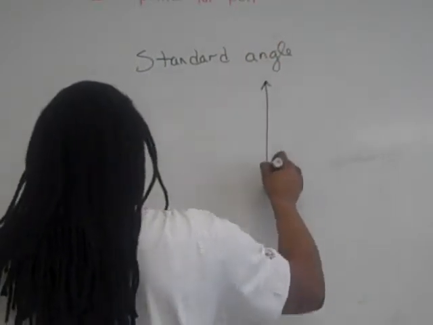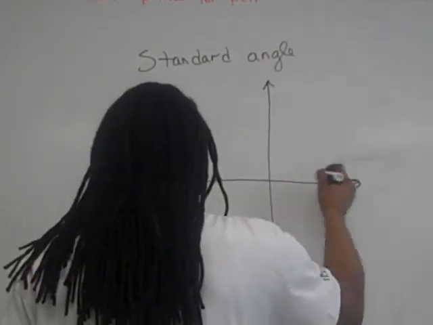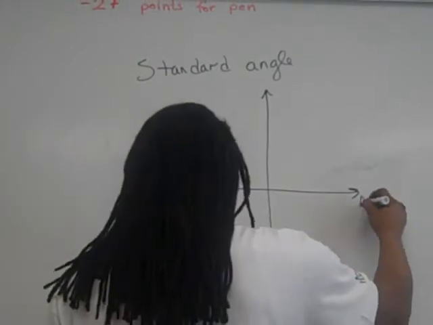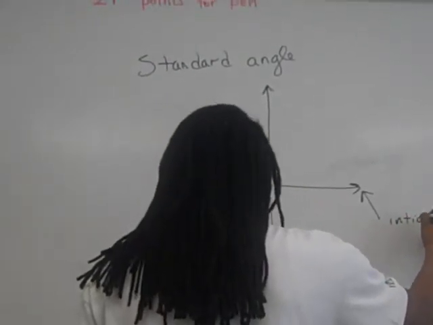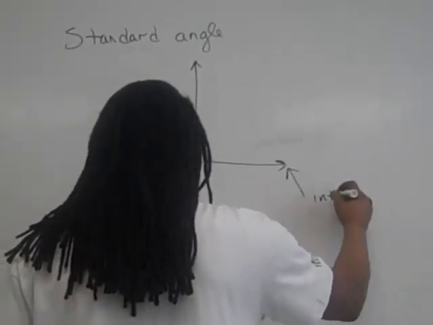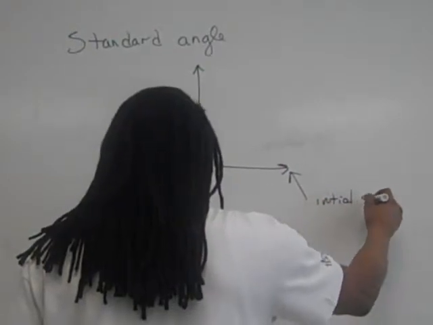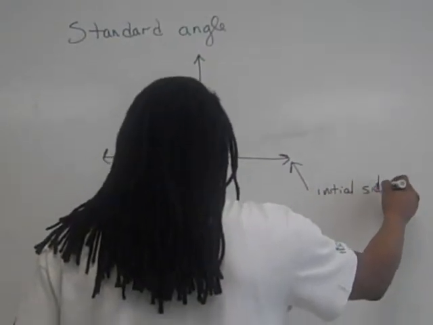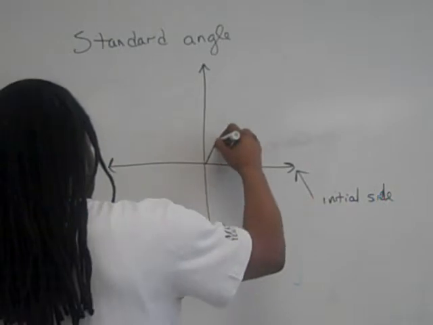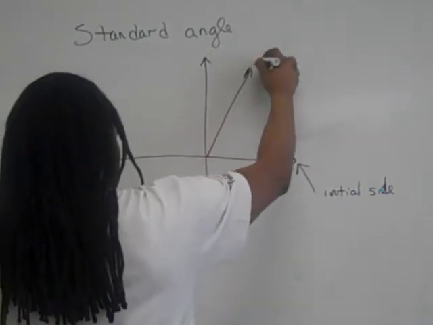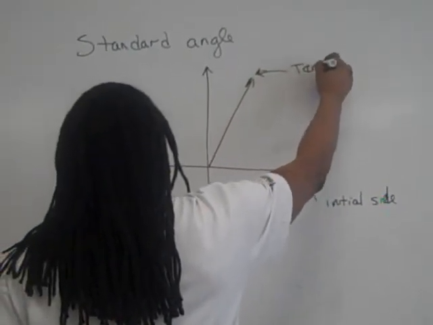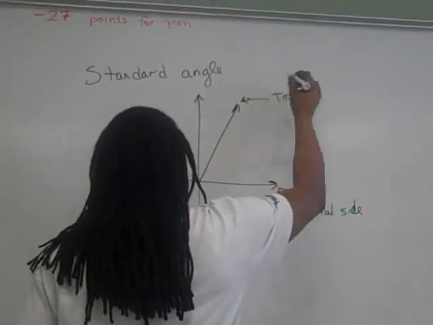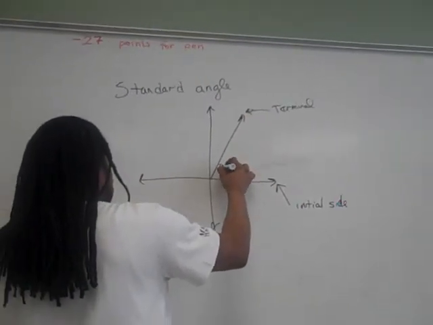Okay, when you have your x and y axis, this is called your initial side because that's where it starts. This is called your terminal side because that's where it ends.